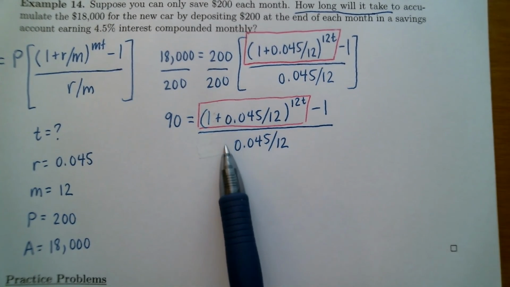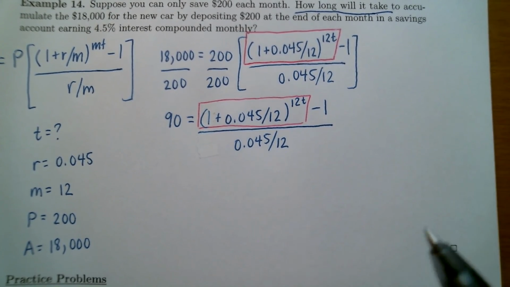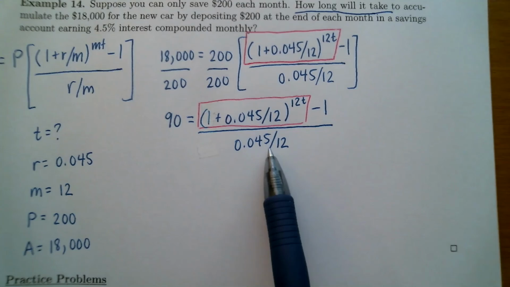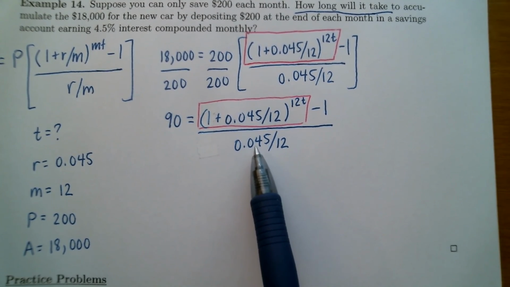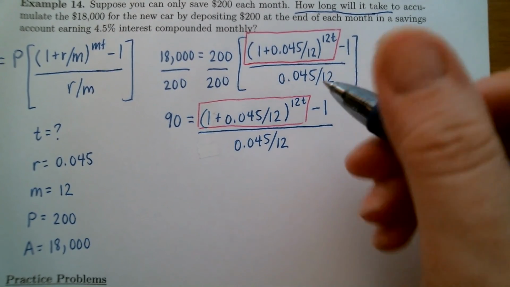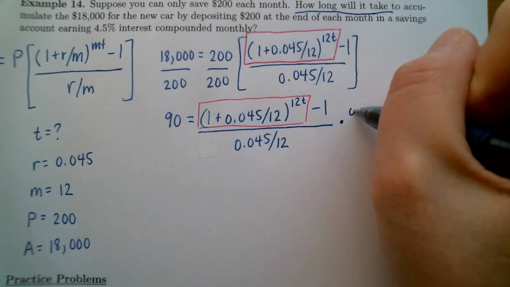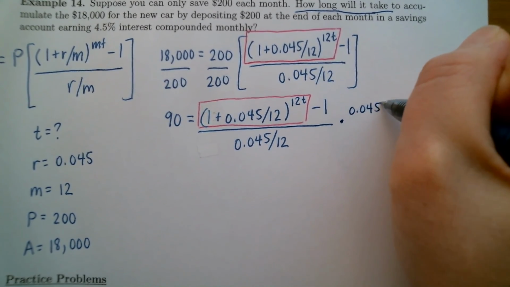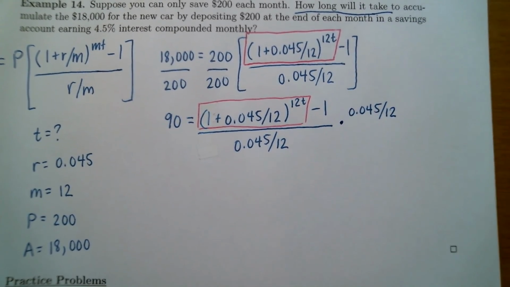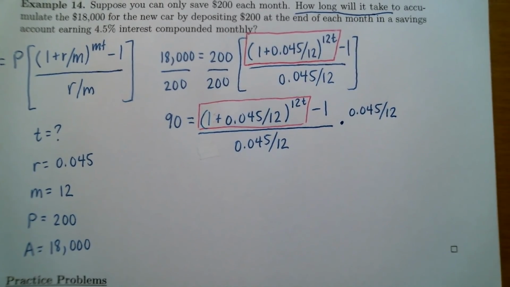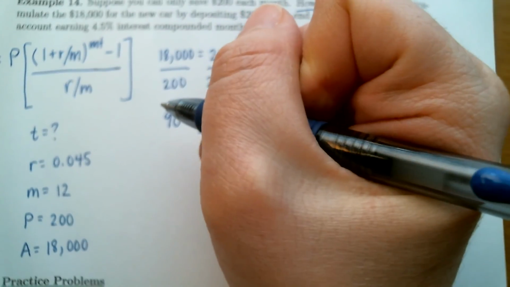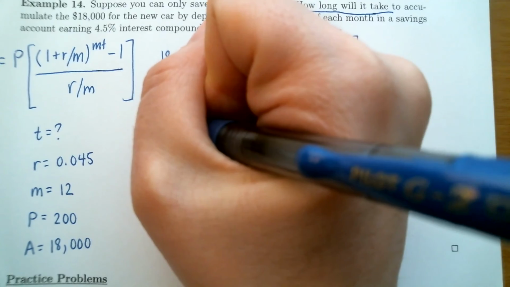It's kind of off in its own land. Since you're dividing by this r over m value, to undo that, you're going to multiply by it. Since you did that to the right side, you're going to have to do it to the left side.